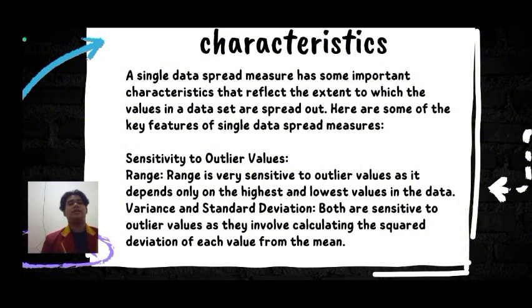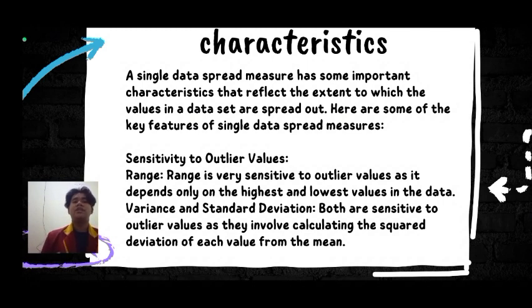The characteristics. A single data spread measure has some important characteristics that reflect the extent to which the values in a dataset are spread out. Here are some of the key features of single data spread measures. The first is sensitivity to outlier values.